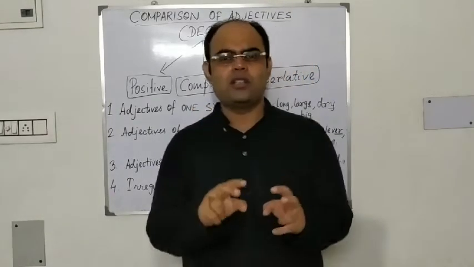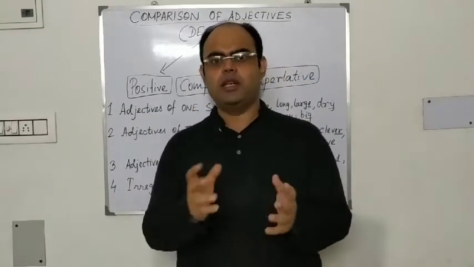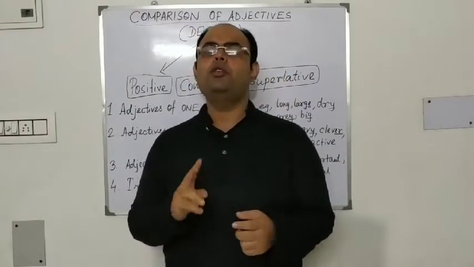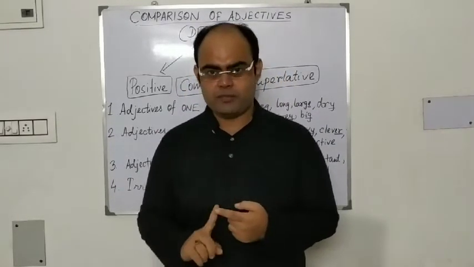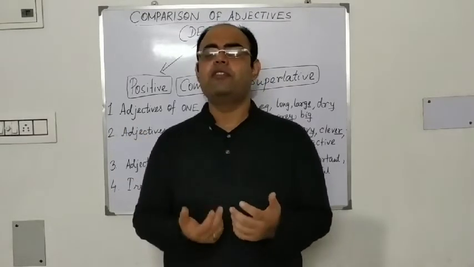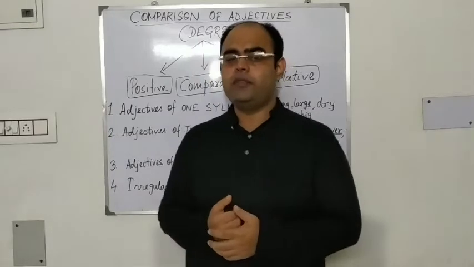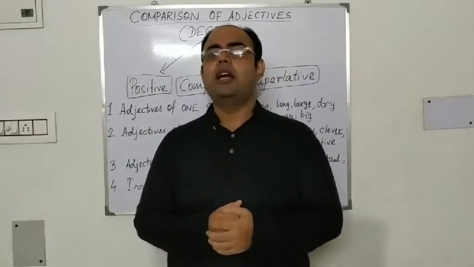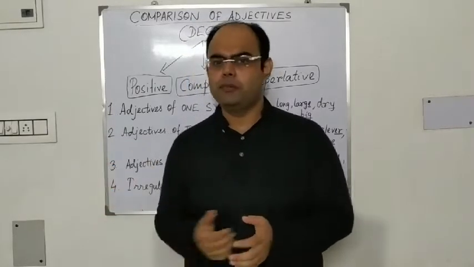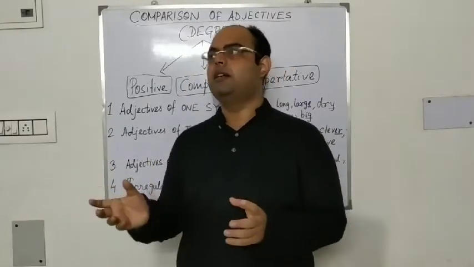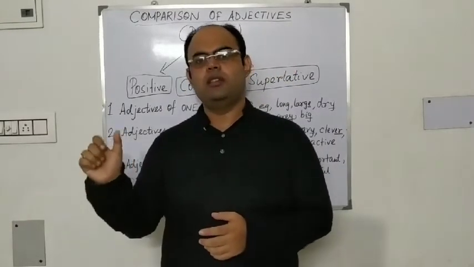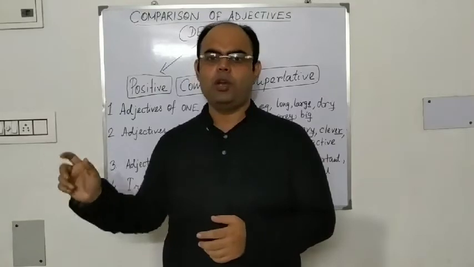Now, let us focus on what types of questions may come in the exams. In whatever exam it may be, there can be 2 types of questions from degree. First, a sentence would be given with a blank, and you would be asked to fill in the blank with the correct form of the adjective, or the correct degree of the adjective. An adjective would be given in brackets, and you'll have to do that. Take this example: Ravi is the dash within bracket tall boy of the class.